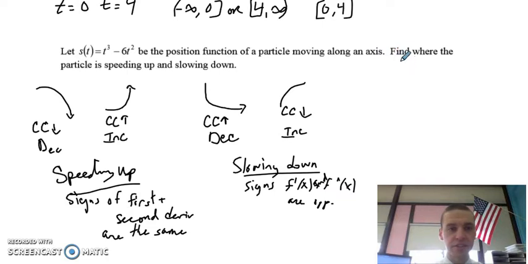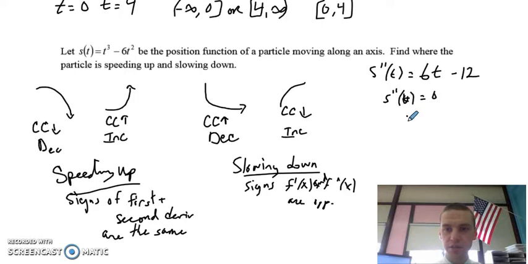Now, I used up a decent amount of room there, but we're going to take the second derivative here. We knew the first derivative was 3t squared, so now we're at 6t, and we're at 12. We take the second derivative, set it equal to 0, that t equals 2, and do our number line.